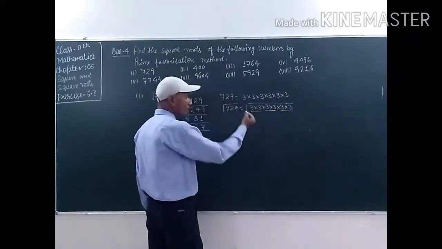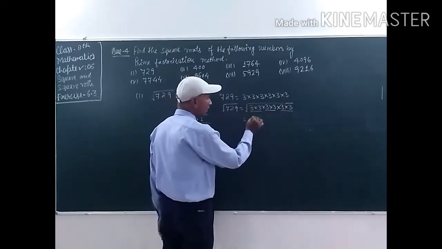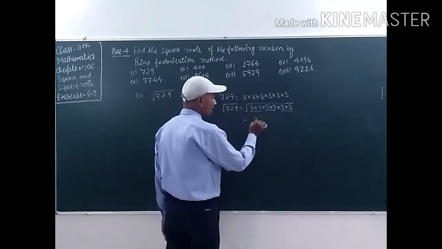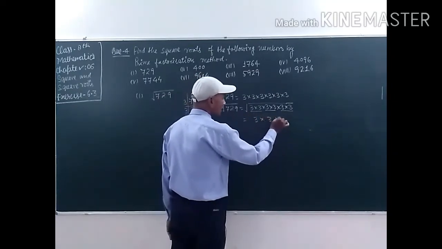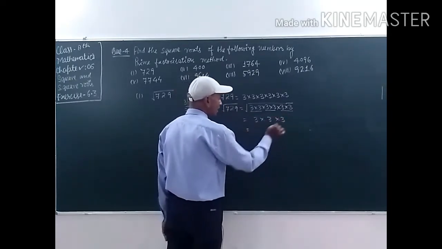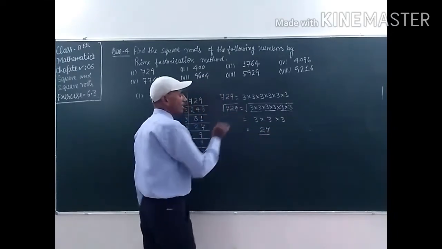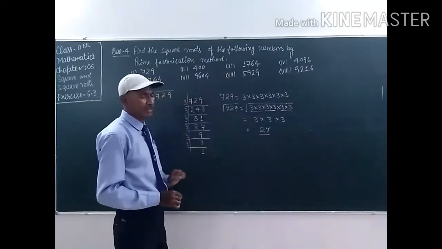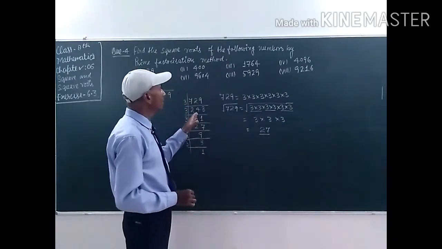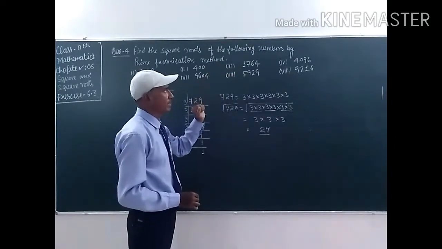Out of each pair we choose one number, and that will be the square root. So 3 into 3 into 3. 3 threes are 9, 3 nines are 27. So the square root of 729 is 27, students. And using this method we have to find the square root of the given numbers.